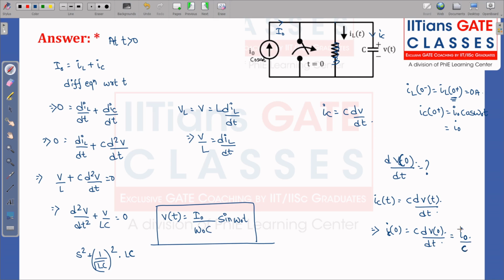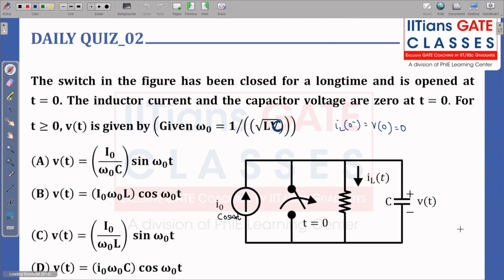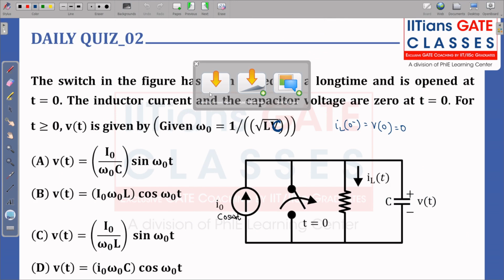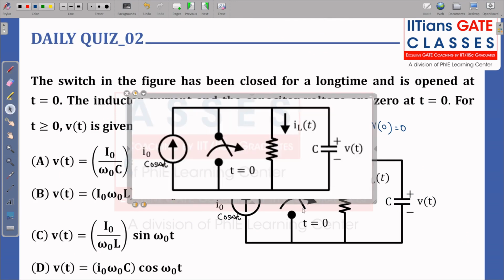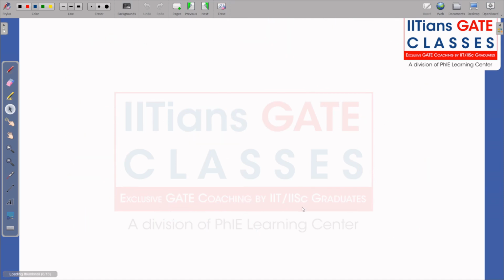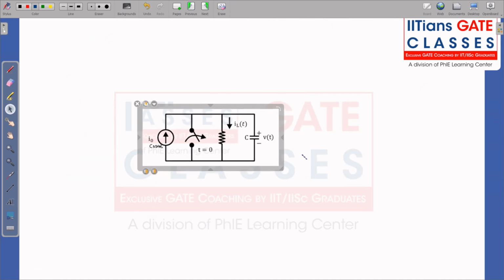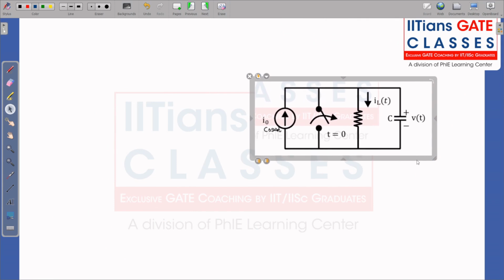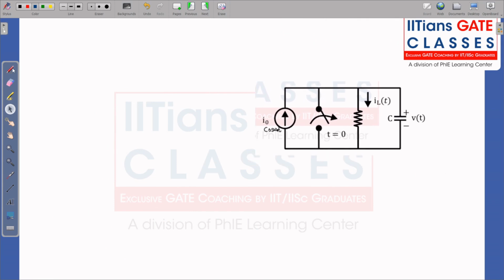Now, approach 2 to solve this question is very, very simple. Let this be IC of t.